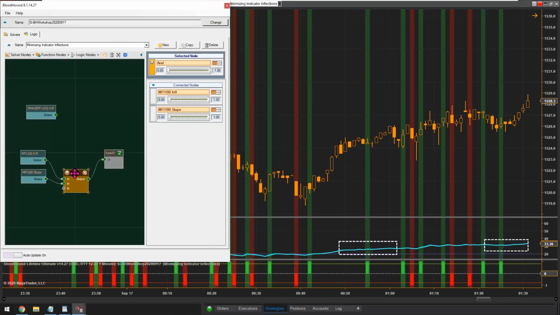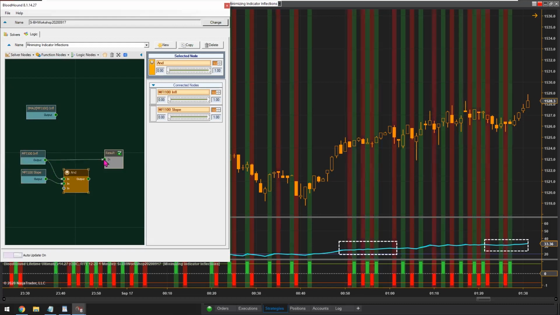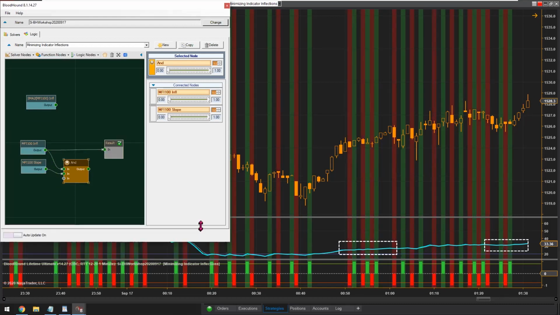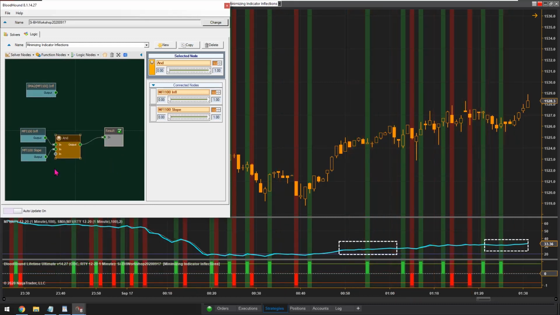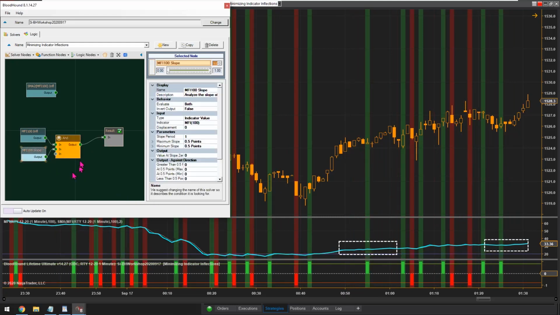So you could either do this or, again, here's the original. We can see the original has a lot of inflection points, and here is our filtered inflections using a slope solver. So you'll just have to experiment as to what method works best with your idea.